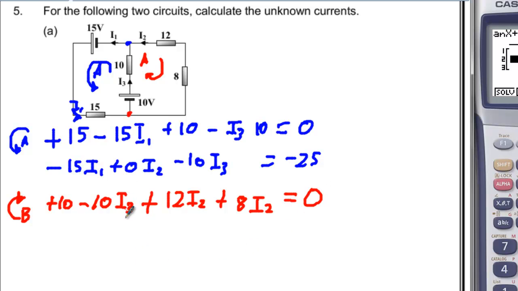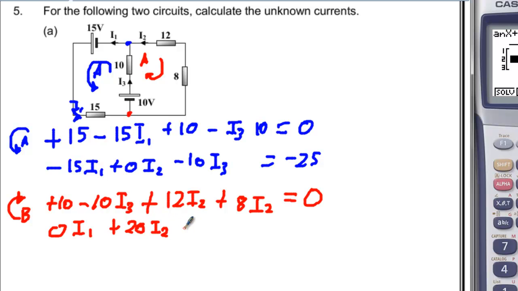Now, just like the first equation, we have some like terms, and again we want them in that same form, I1, I2, I3 equals number. Is there any I1s in here? No, there's no I1s, but we still need that placeholder. So we go 0 I1. Is there any I2s? There's a 12 and there's an 8, so we've got like terms, so that means we've got 20 I2. Any I3s?